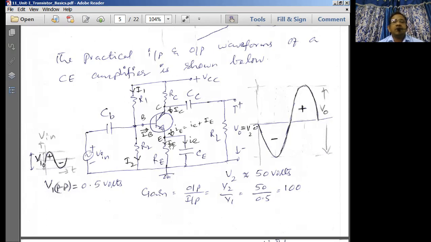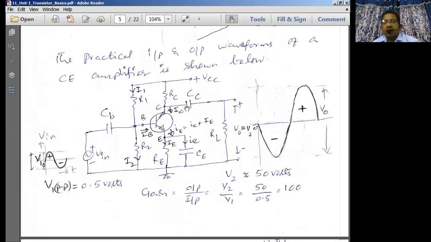Now this transistor amplifier is already working with proper biasing conditions. The Q point is already clamped at the center of the active region. The circuit is going to operate at the Q point, so it achieves proper amplification over and above the Q point region.